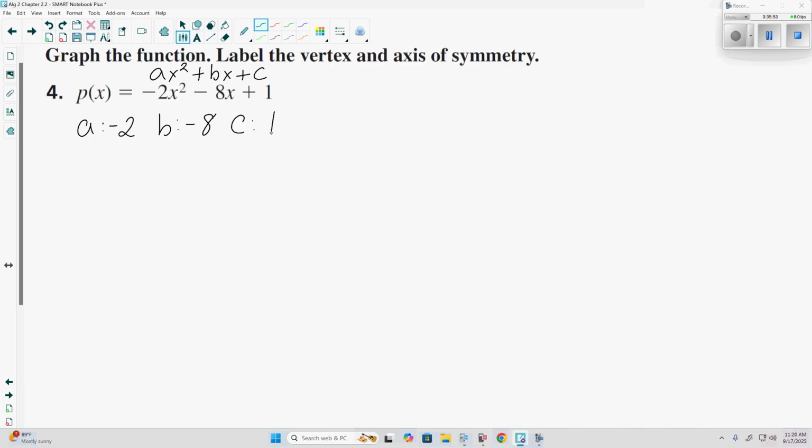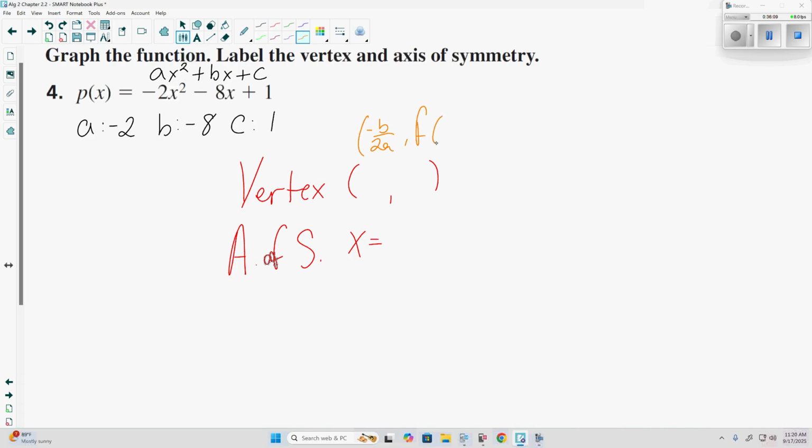So we do still need to find the vertex and the axis of symmetry. Our vertex is the point negative b over 2a comma f of negative b over 2a. Axis of symmetry, x is equal to negative b over 2a.